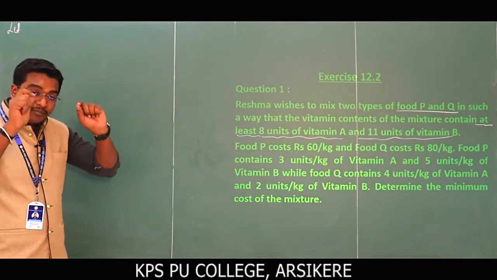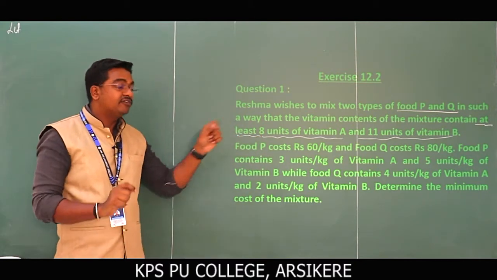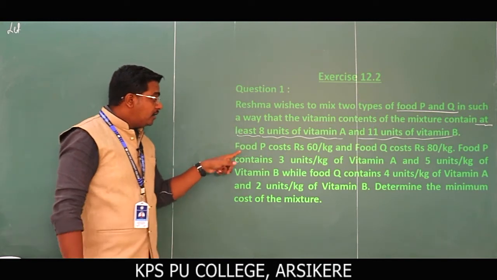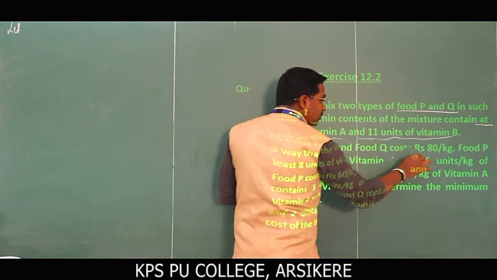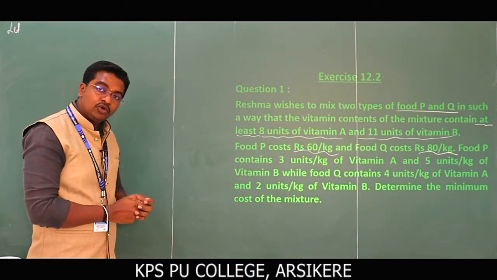It means the mixture must contain a minimum amount of 8 units of vitamin A. It must be present here. Food P costs rupees 60 per kg and food Q costs rupees 80 per kg. This is the production cost of food P and Q respectively.